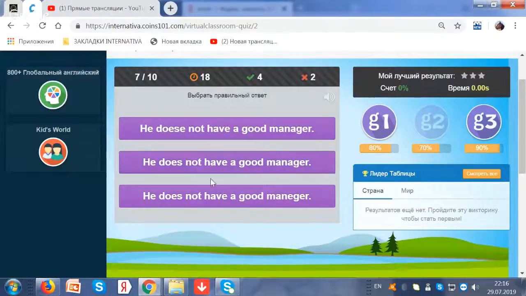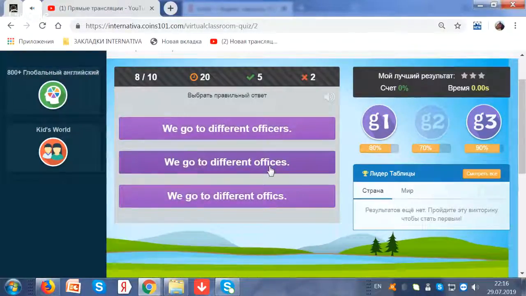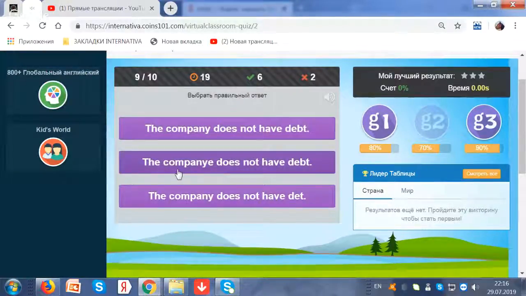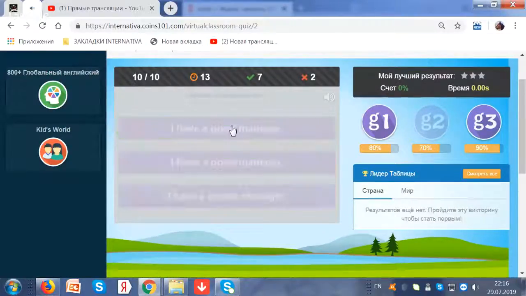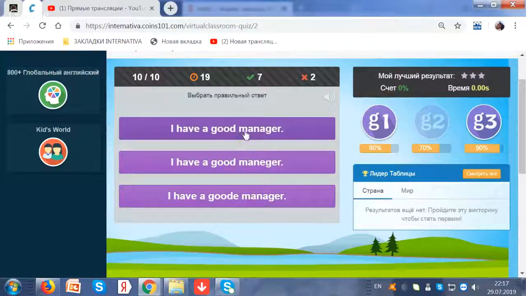He does not have a good manager. It only seems that way to you. We go to different offices. You're telling me this for nothing. The company does not have debt. I have a good manager.